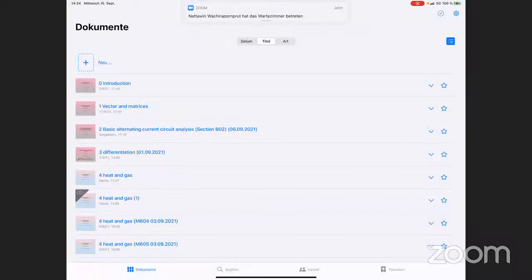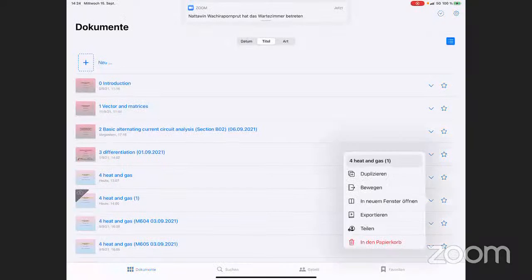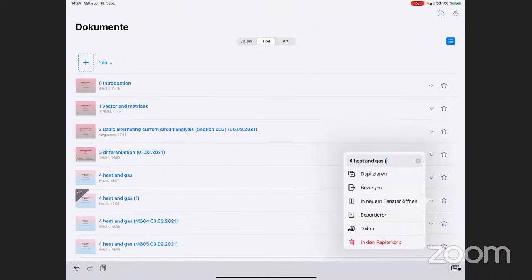Yeah, this one is heat gas. This is 15.09.2021, and it's M604.